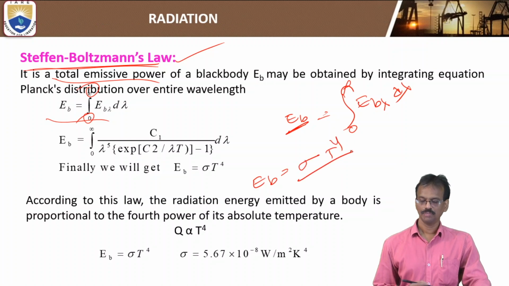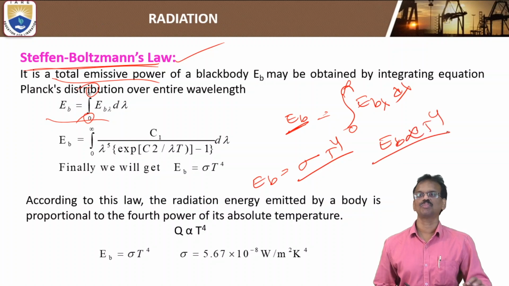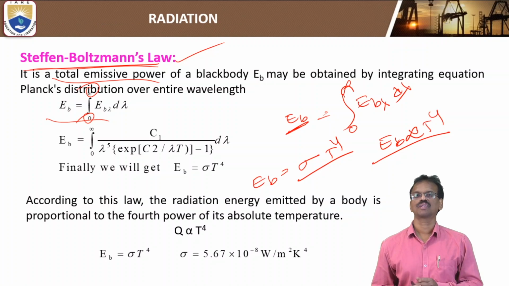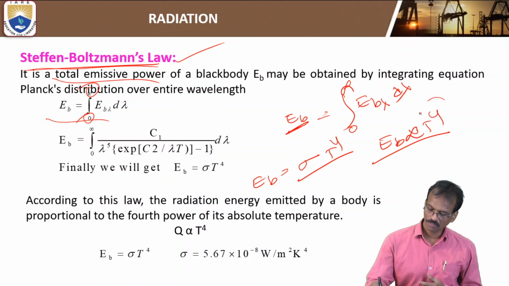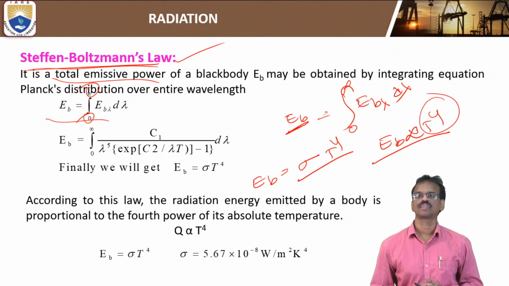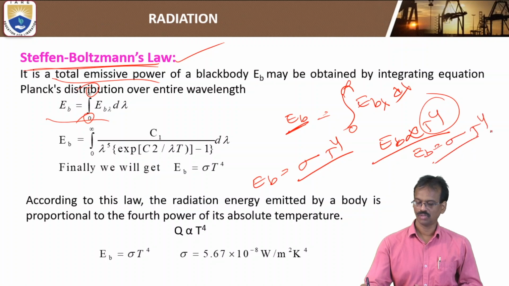So EB is directly proportional to T to the power of 4. According to the Stefan-Boltzmann law, total emissive power is directly proportional to the fourth power of the absolute temperature. Removing the proportionality, we add a constant, sigma into T to the power of 4.